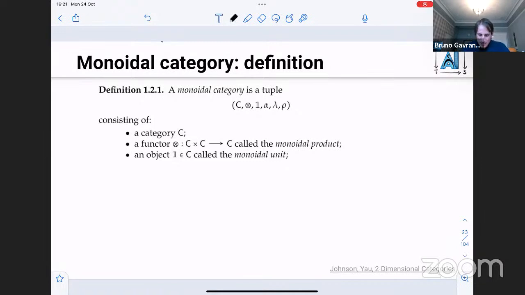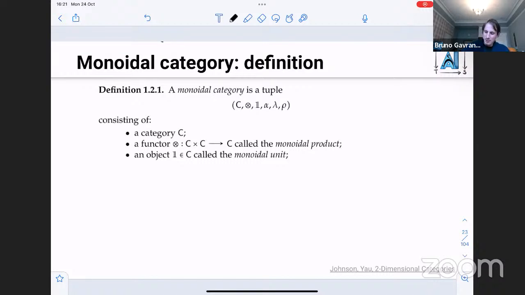Now, in category theory, we always see that we have some structure, and we have that structure obey particular laws, particular coherence diagrams, telling us it behaves the way we'd expect it to.